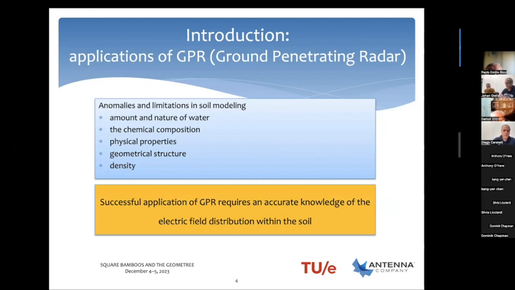And this in turn requires knowledge about the physical properties of the soil being surveyed. That is affected by several parameters, such as the composition of the soil. Think about different types of materials, such as soil, clay, and the like.